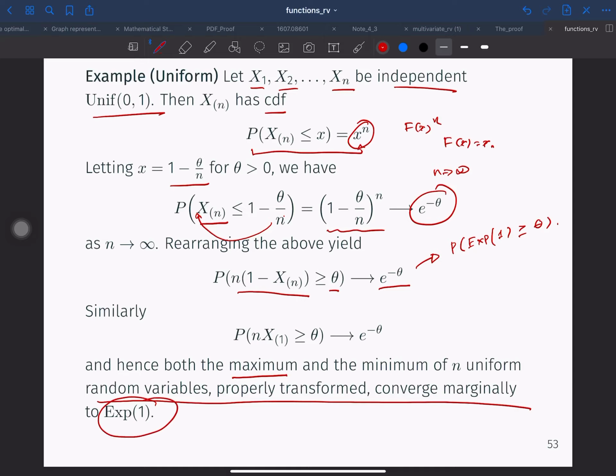Similarly, you can show that the minimum also converges to exponential with rate parameter 1. So the key point here is that this result here is exact, but by letting n increase, you can get something that converges to exponential. So that's the first example.